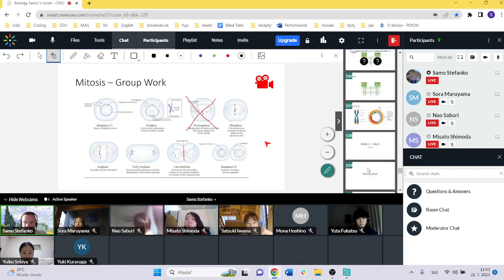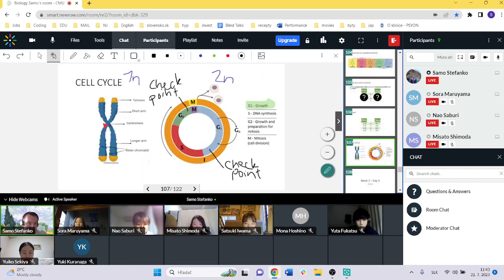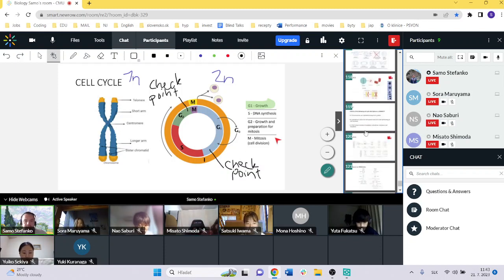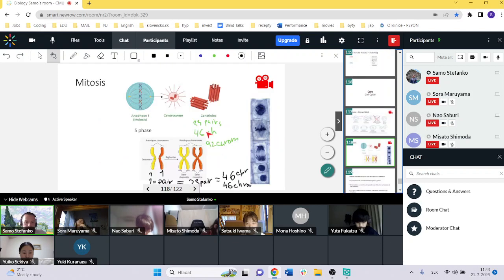Those spindle fibers are attached on our centromeres. There can be confusion between centromere, centriole, and centrosome. Okay, guys, there are three different things. The centromere is the place on the chromosome where the spindle fiber attaches.